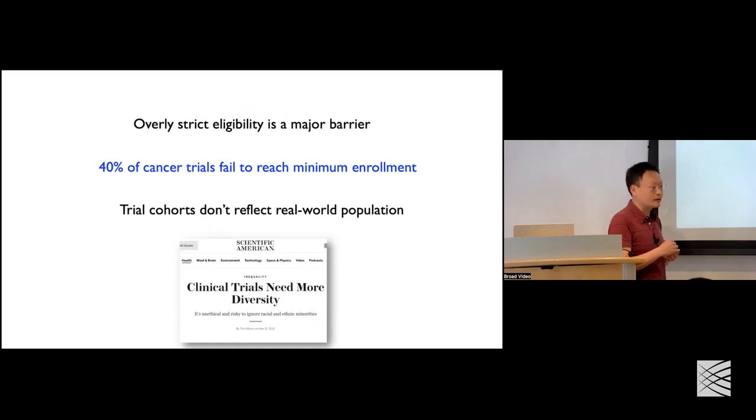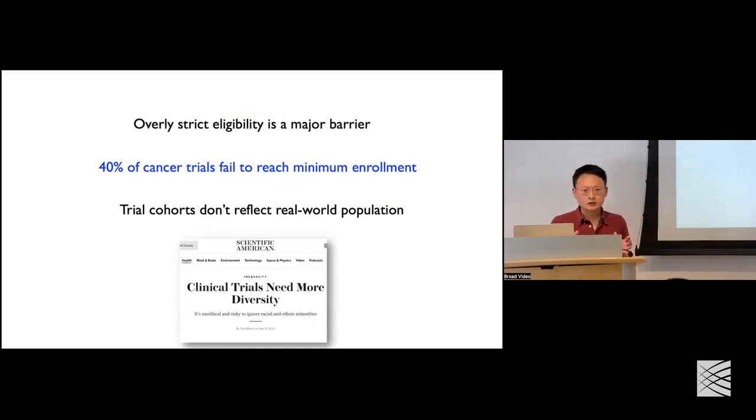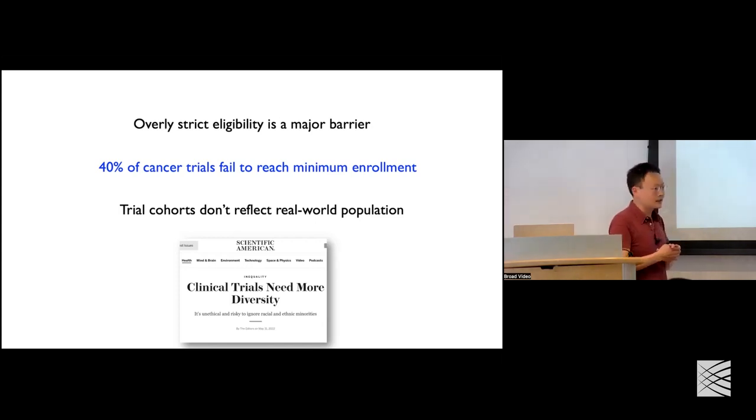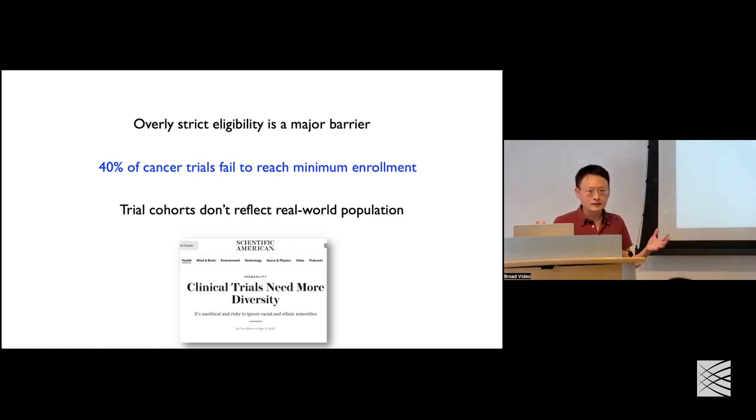And because the trials are so highly selective, looking for these Olympic athletes of the patients, how well the drugs work on these selected patients may not reflect how well the drugs work on average patients like us, right? So there's a huge distribution shift. And people are also recognizing recently that these clinical trials are really not very diverse. The trial participants are not representative of the general population, which also makes it hard for the efficacy of the drug to be validated in general.